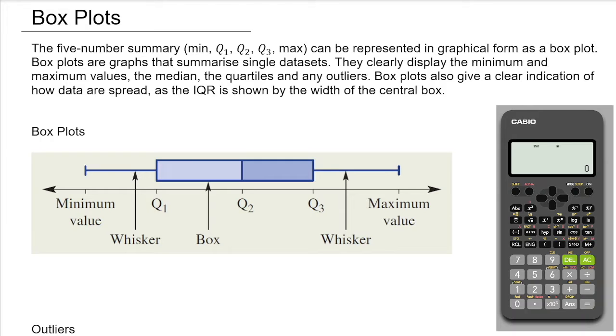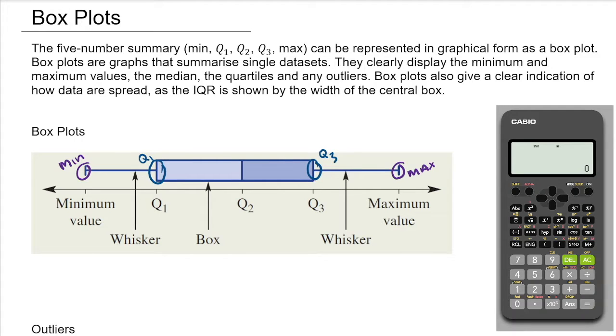Now in my diagram here, I've got a diagram of a box plot for you, and we can see all the different features. We can see the minimum value. We can see the maximum value. Then we can see Q1 and Q3.